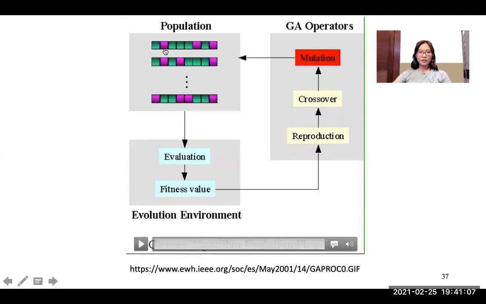So it follows this cycle. From the initial population, we evaluate the parents by assigning the fitness value, and then it goes to reproduction, the crossover operation and mutation, and then the offspring produced by these operations will be sent back to the population to increase the whole population's fitness value.